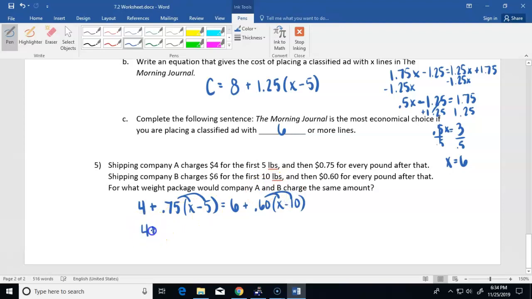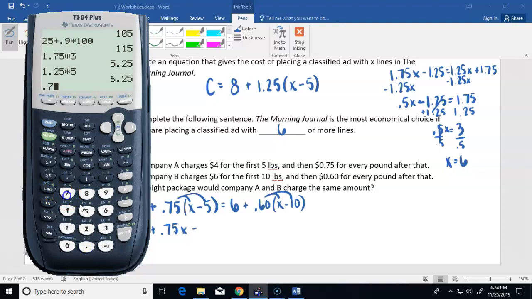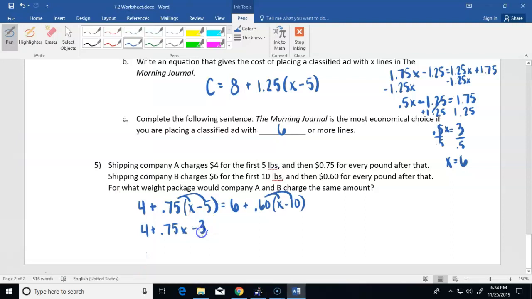So 4 plus 0.75x minus 0.75 times 5, which is 3.75. And then we'll have 6 plus 0.6x minus 6 whenever we distribute here.